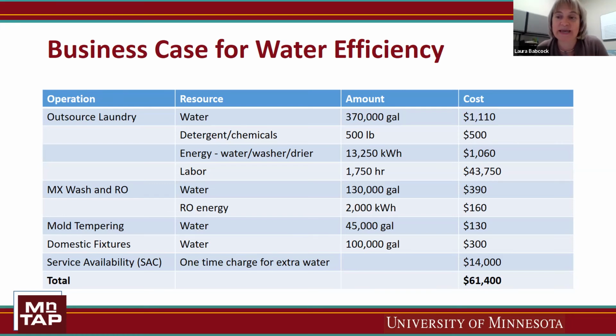And these days where labor is so scarce, that may be a deciding factor for them. And so then you can see some of these other calculations for the water and the energy use in the different areas.